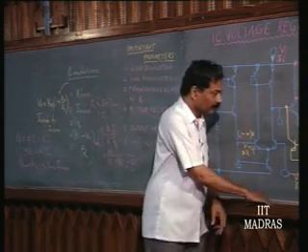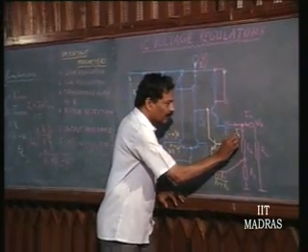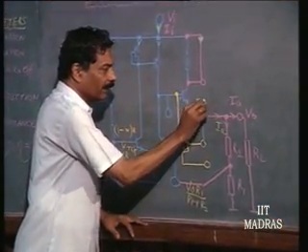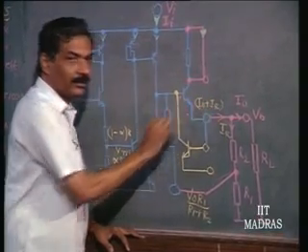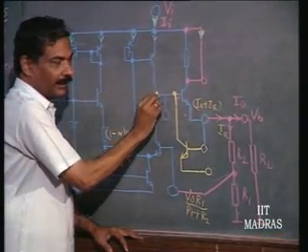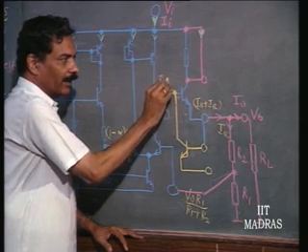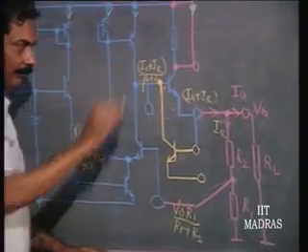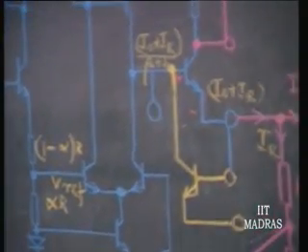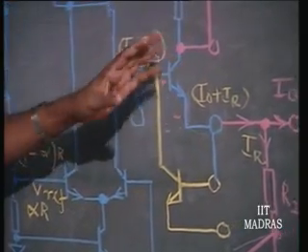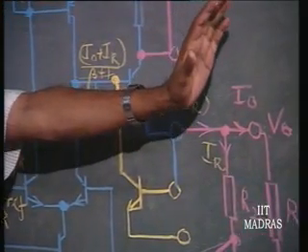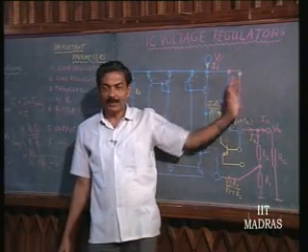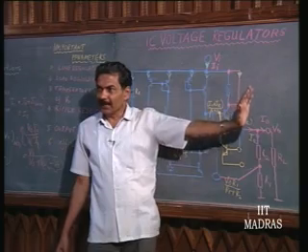If this is I naught and this is some I R, current going here, this current is going to be I naught plus I R, and this current is going to be I naught plus I R divided by beta plus 1. You put it as beta plus 1 because this is going to be a power transistor. Ultimately, in order to improve the power dissipation capability of the transistor, you might put this Darlington pair of transistors.